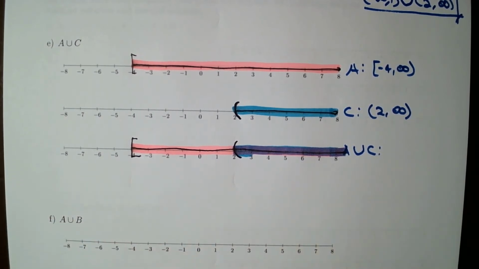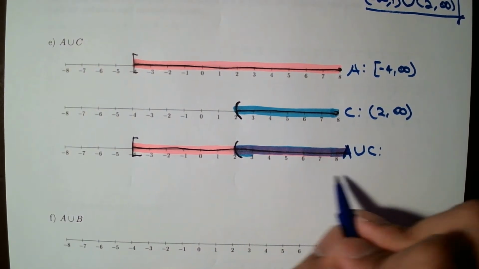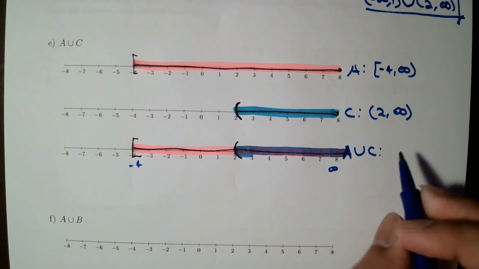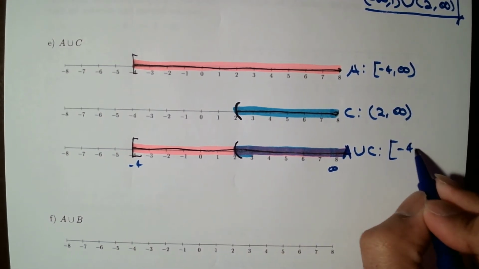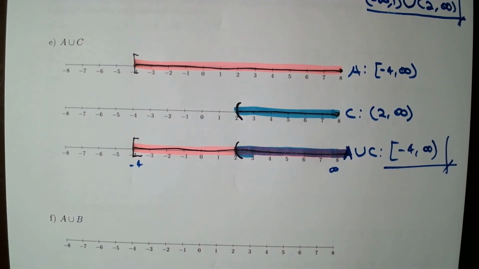So it's going to go from -4 to infinity, simply -4 to infinity. And that's the final answer.